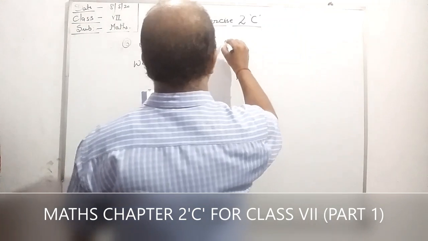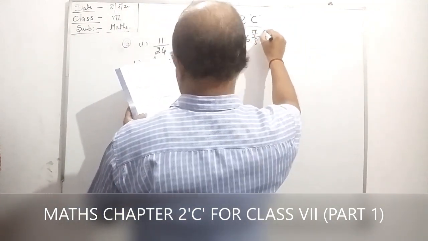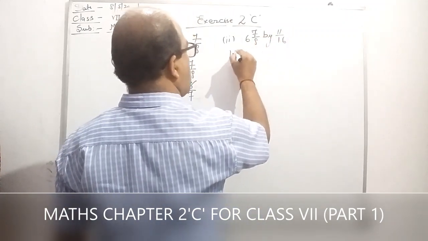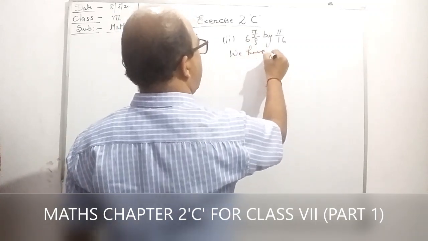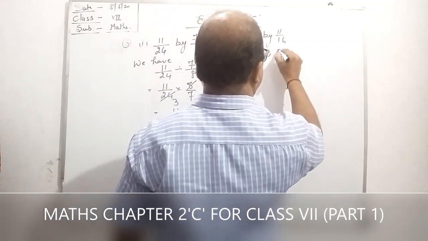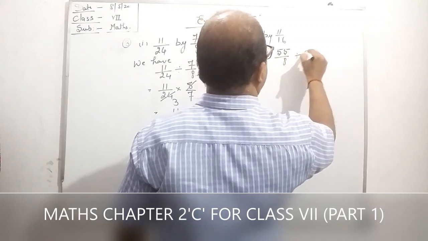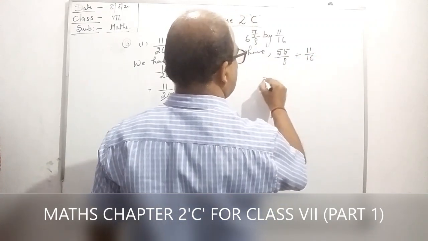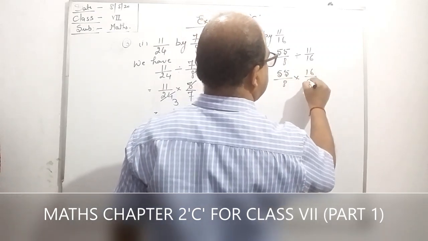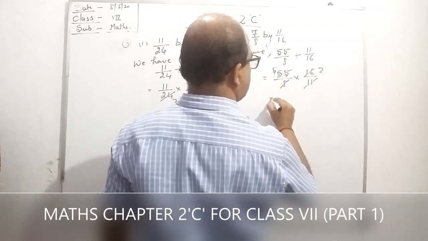The next question is given with a mixed fraction: 6 whole 7 by 8 divided by 11 by 16. 6 eights are 48 plus 7 is 55, so 55 by 8 divided by 11 by 16. 55 by 8 into 16 by 11. 11 fives are 55 and 8 twos are 16, so 2 fives are 10.